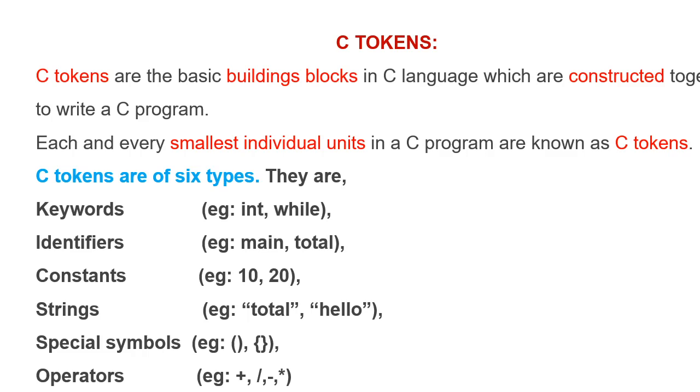Constants do not change their values; they have fixed values, that's why they are called constants. Strings, for example, total, hello, are written in double quotes, a sequence of letters. Then special symbols, like brackets, curly brackets.